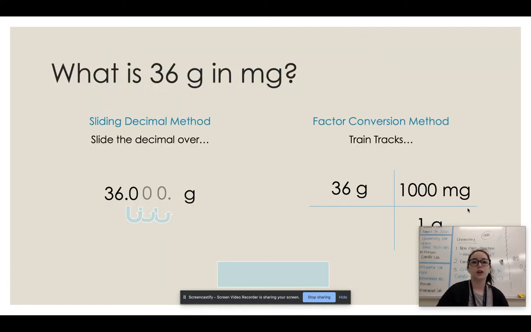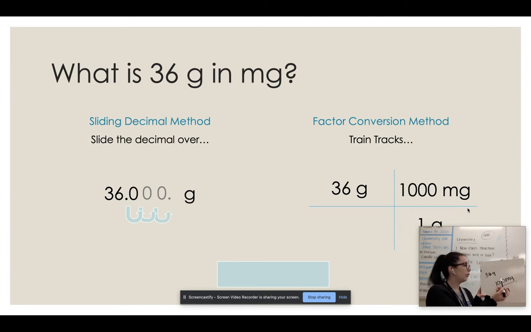So, an example right now is, what is 36 grams in milligrams? There are two ways that you could find the answer. One way is by sliding the decimal over. I have 36 grams, and if I want to go to milligrams, I know that there are 1,000 milligrams in 1 gram.